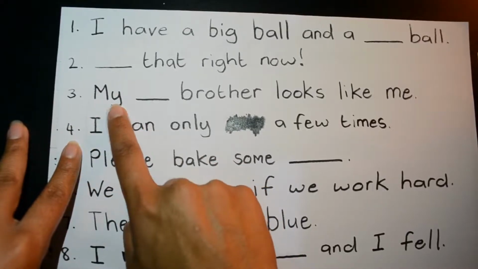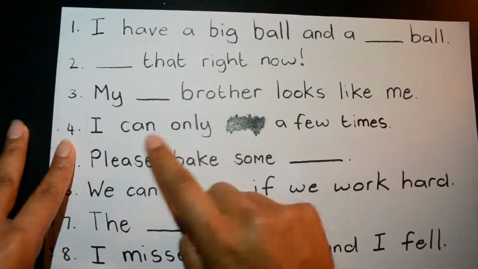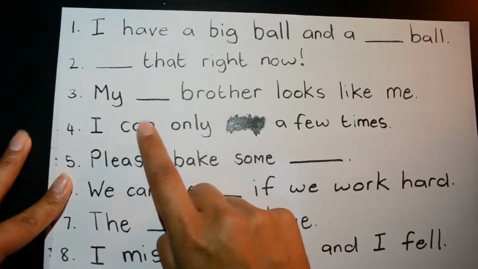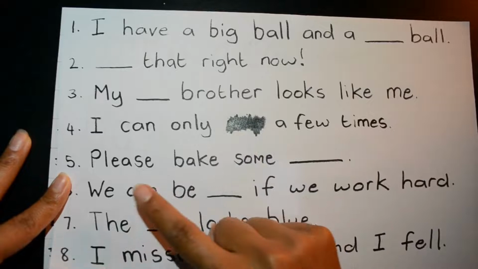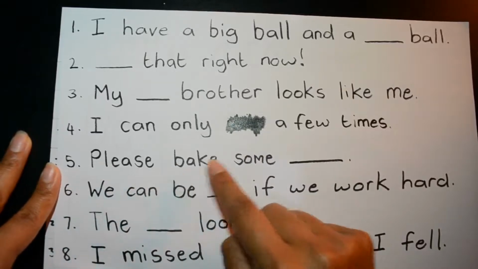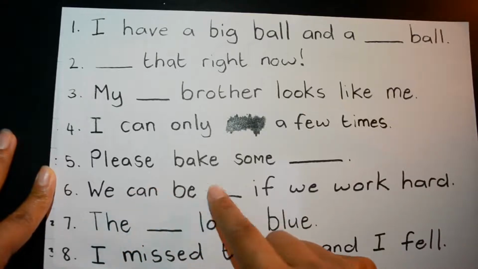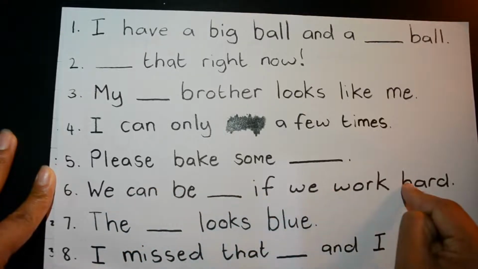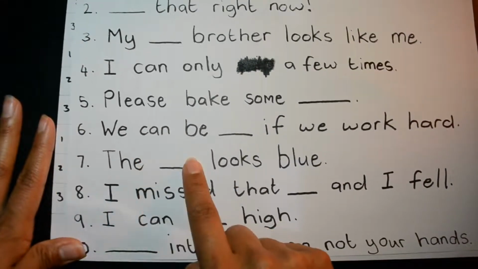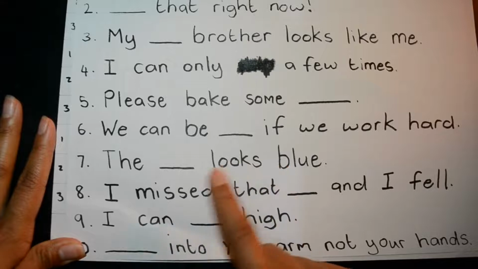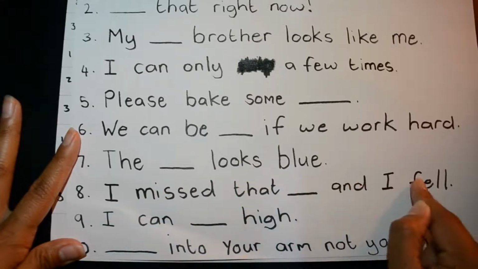Anyway, my brother looks like me. Number 4, I can only sneeze a few times. Number 5, please bake some scones. Number 6, we can be smart if we work hard. 7, the sky looks blue. 8, I missed that step and I fell.